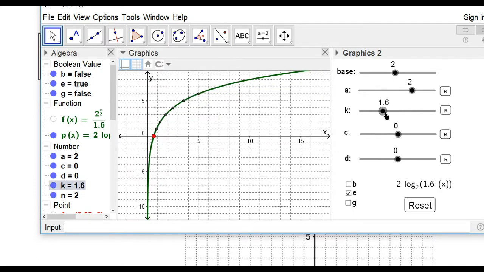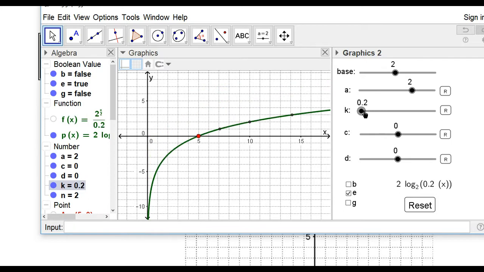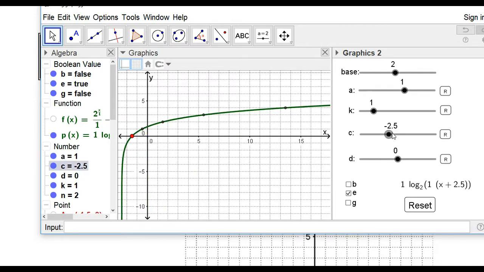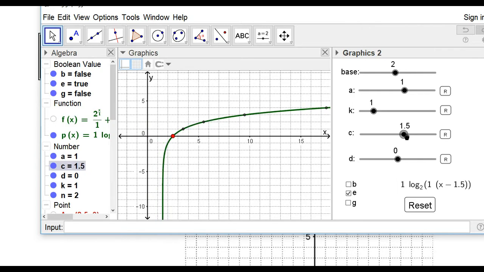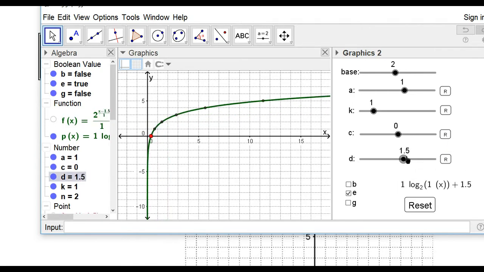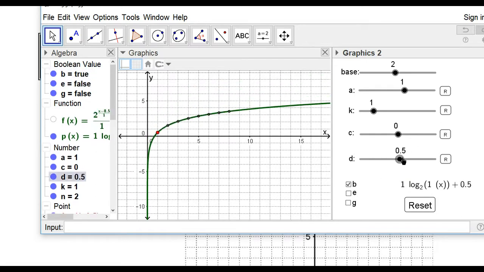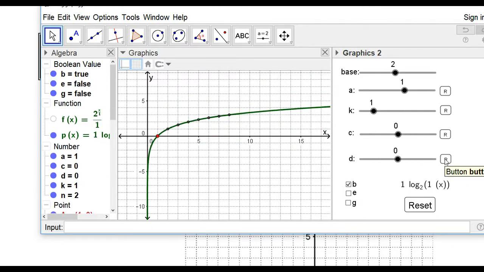We're not going to see a lot of k value changes, but you can see that as k gets bigger, it compresses it. As k gets smaller, it stretches it, as we would expect. C does not stretch or compress the points, so in relation to each other, they don't move, but they move left-right, and then obviously D is going to move them up and down. Let's see if we can get a better picture of that. There we go. So just like we would normally expect.